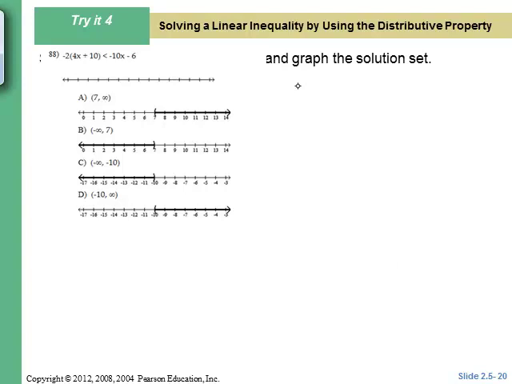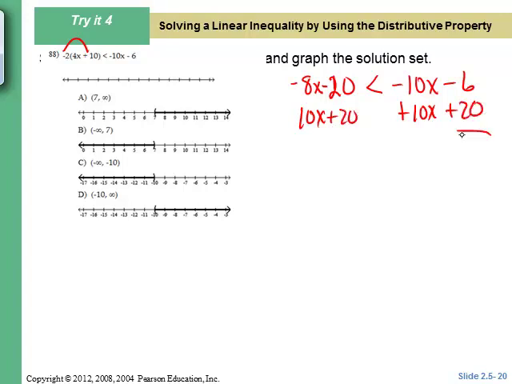All right, we've got -8x minus 20, right? Negative times positive is -20, is less than -10x minus 6. Let's add 10x to both sides. And let's add 20 to both sides.